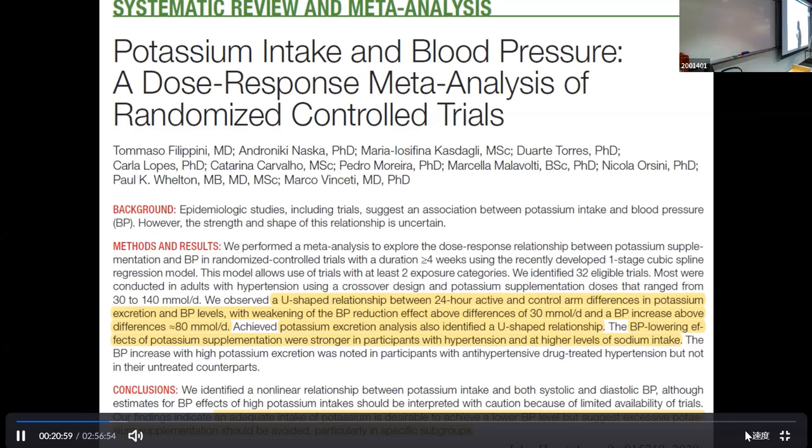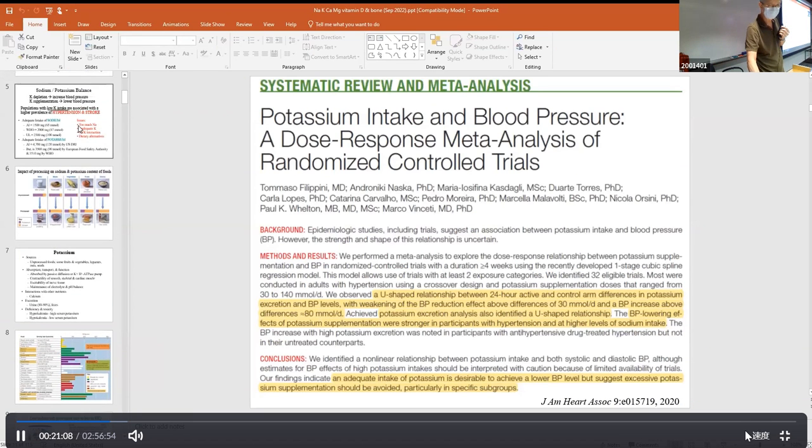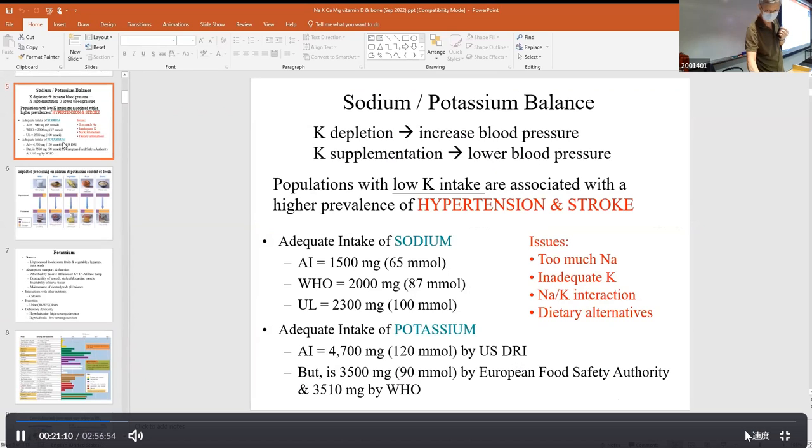And if you remember what I mentioned just a few minutes ago, the AI, the adequate intake, for the World Health Organization and the European Authority is around 3.5, whereas in the United States it's still 4.7.